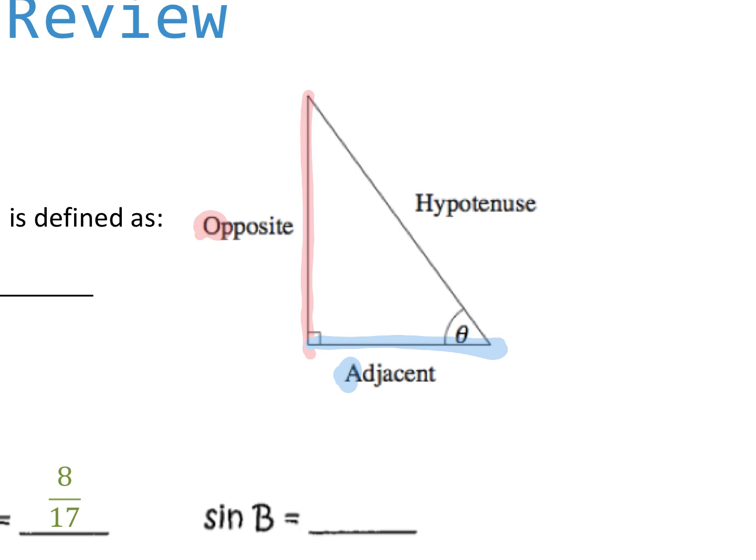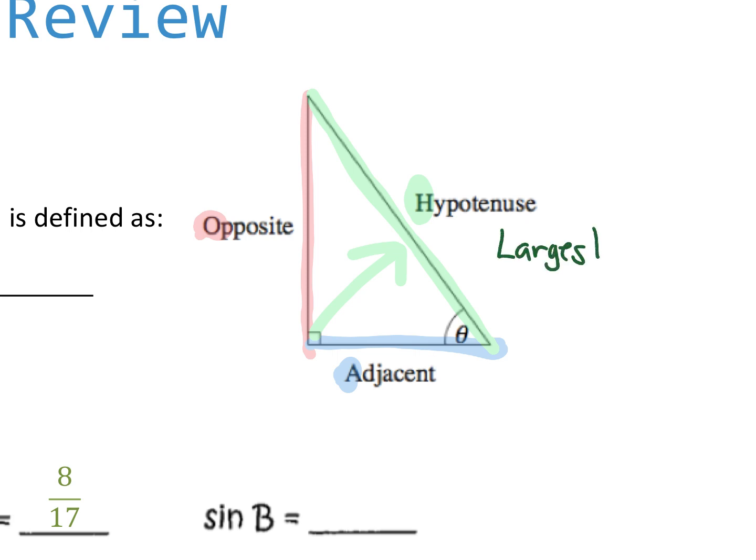And then the side always across from our right angle, that's our hippopotamus. Just kidding. That's the word hypotenuse. So it's all the way across from the right angle. I'm going to abbreviate with an H. The hypotenuse is always your largest side.